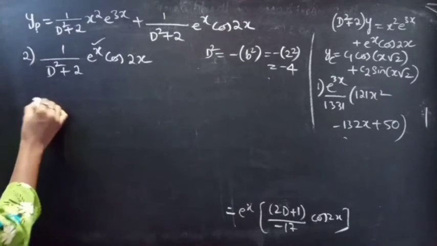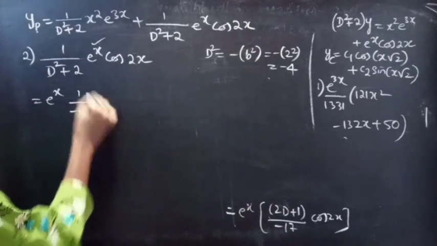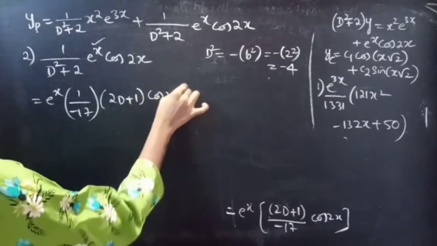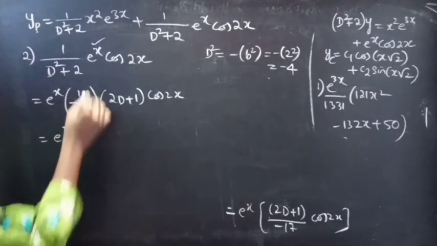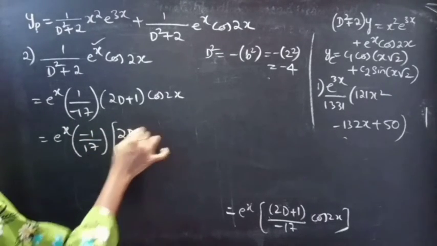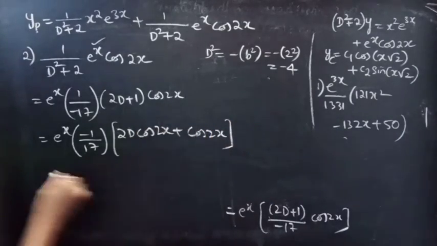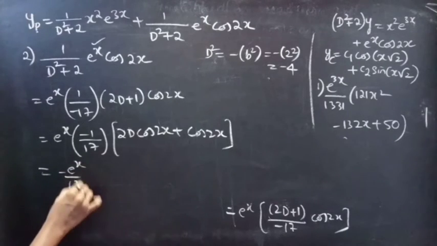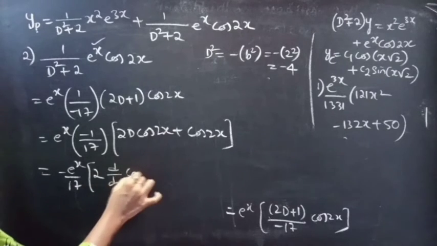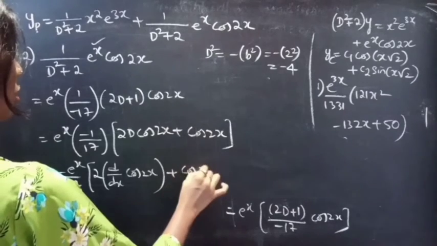Now this becomes e power x into, split this fraction as 1 by minus 17 into 2d plus 1 into cos 2x, which is equals to e power x into, we can write 1 by minus 17 as minus 1 by 17, into 2d cos 2x plus 1 into cos 2x. This is equals to minus e power x by 17 into 2 into, we know that d is a differential operator. Now we need to find the derivative of cos 2x with respect to x, plus cos 2x.